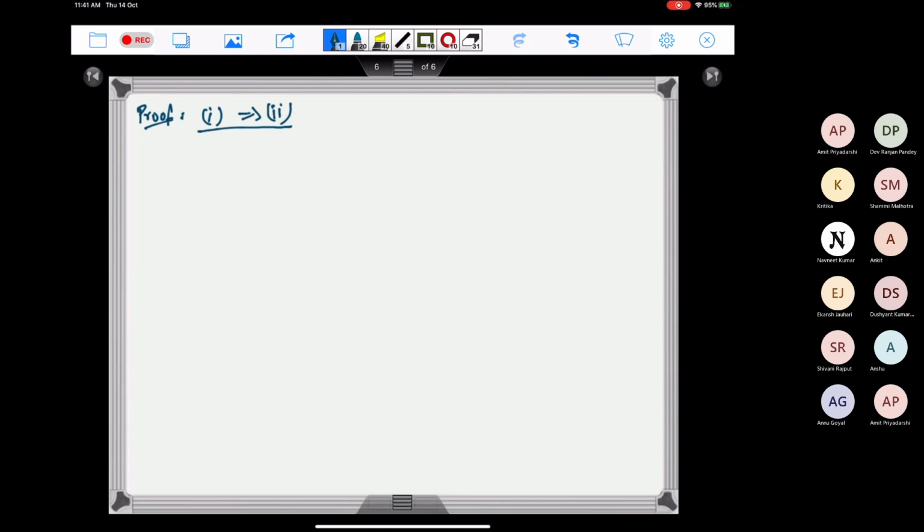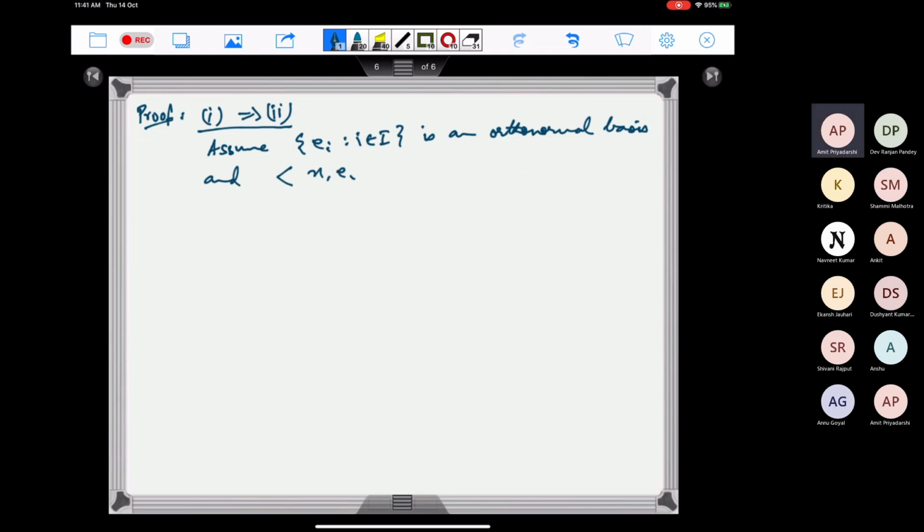So we assume this set e_i, i in I is an orthonormal basis, and x dot e_i is equal to 0 for all i in I. We have to show that x is equal to 0.